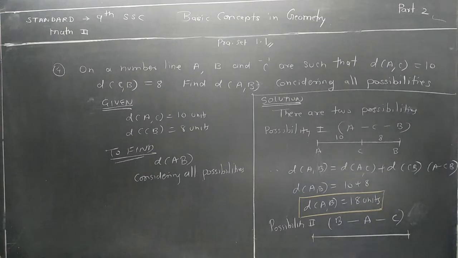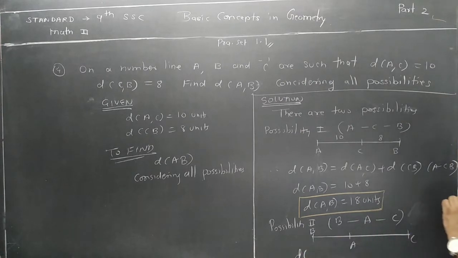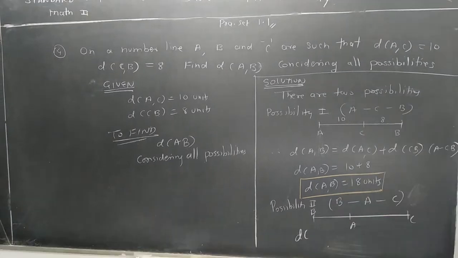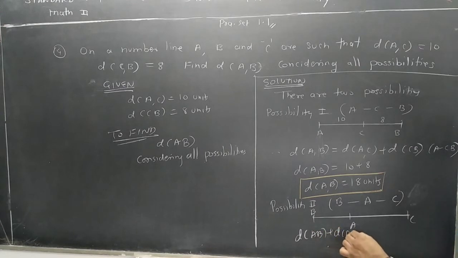In this case, this is B, and A lies between this and this. So what will be the distance? Distance AB plus distance AC is equal to distance BC.